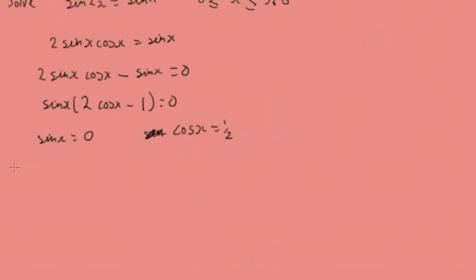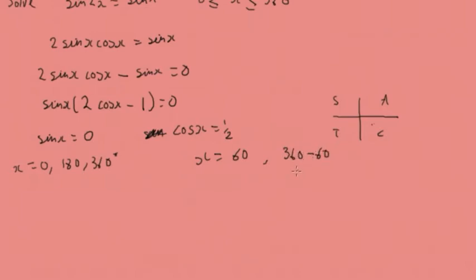For sine x equals 0, x can be either 0, 180 or 360. And for cosine x equals a half, x can be equal to 60. Or, if you remember, all students trust Cambridge, so this is in this quadrant, so it'll be 360 minus 60, which is 300.